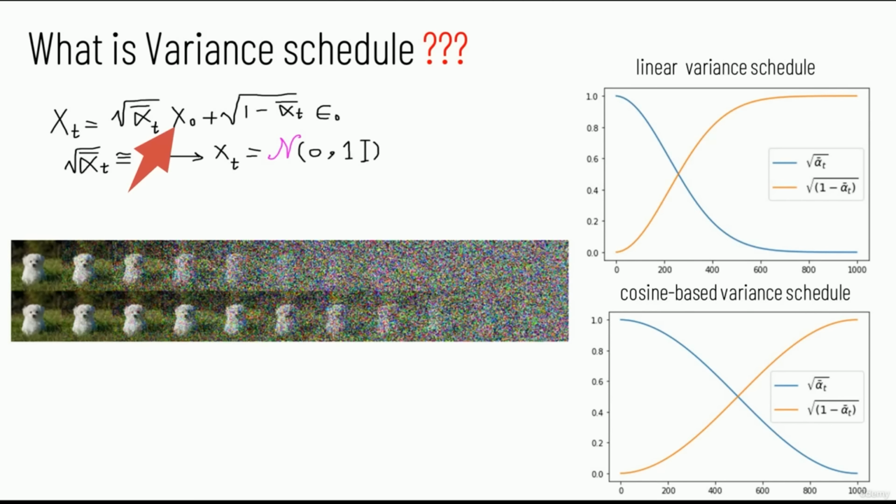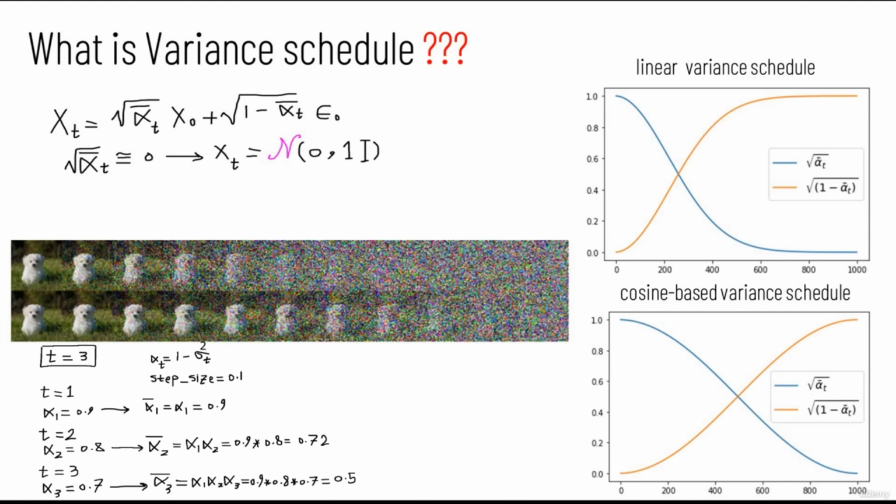As we said previously, when we move forward from one time step to another, we will increase the variance or we will reduce the value of alpha bar. To make things more clear, let's say that we will move just 3 time steps forward, and let's say the step size is equal to 0.1. As we said previously, alpha at time step t is equal to 1 minus the variance at time step t. So when we increase the variance, we will reduce alpha.